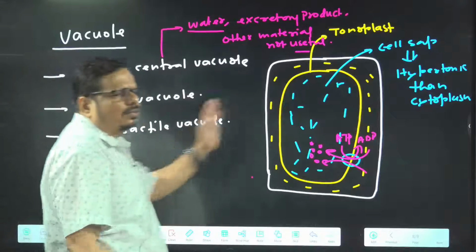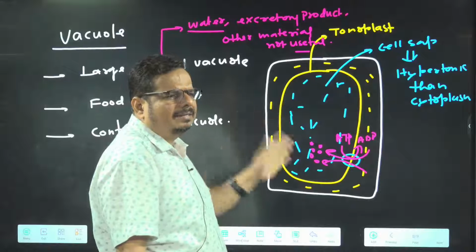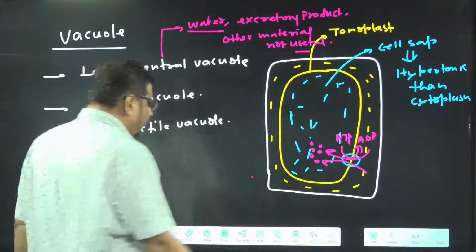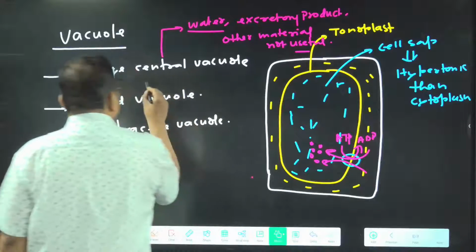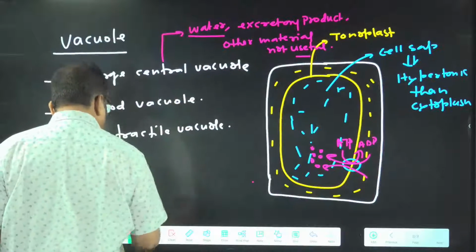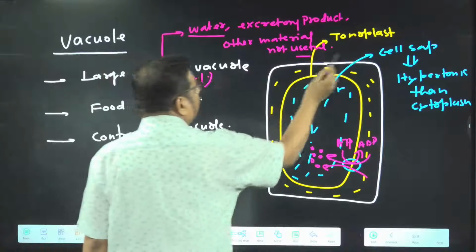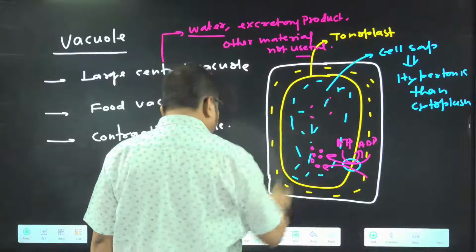So it acts as a storehouse of the cell. Unnecessary, unwanted, excess things are present in this vacuole. It is occupying around 90% of the cell. This is the tonoplast, and the fluid is called cell sap or tonoplasm.